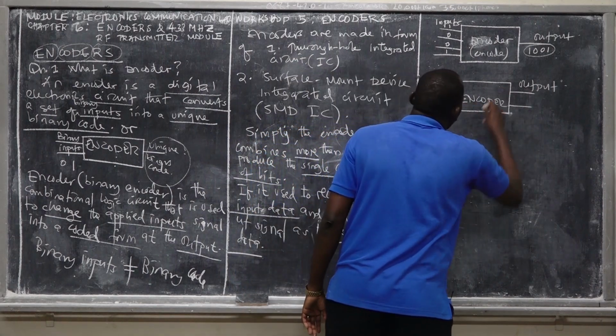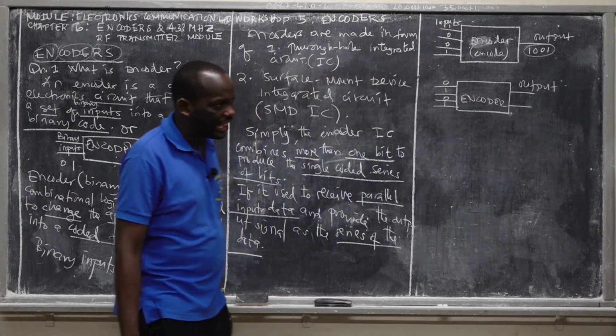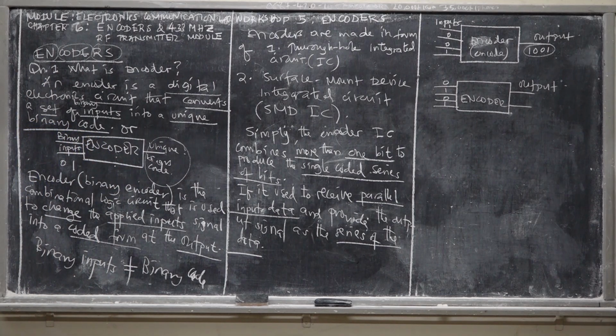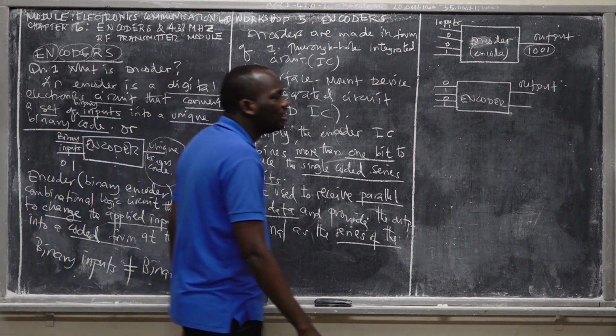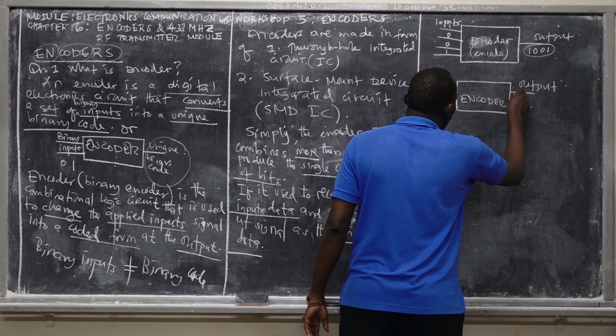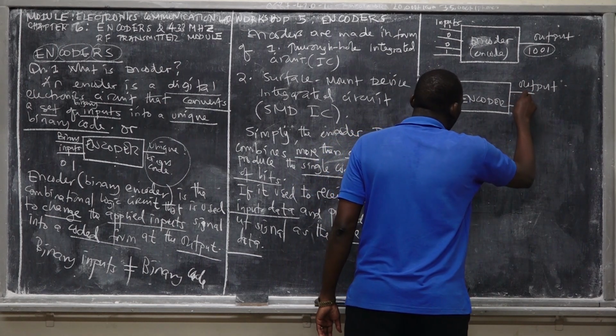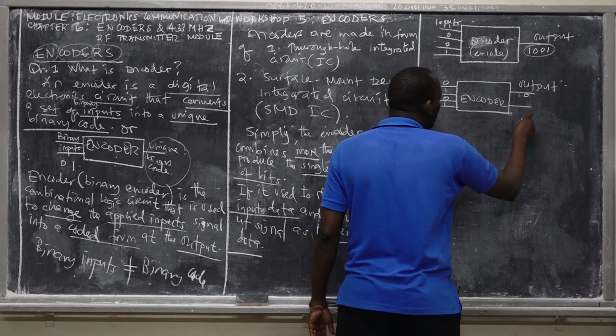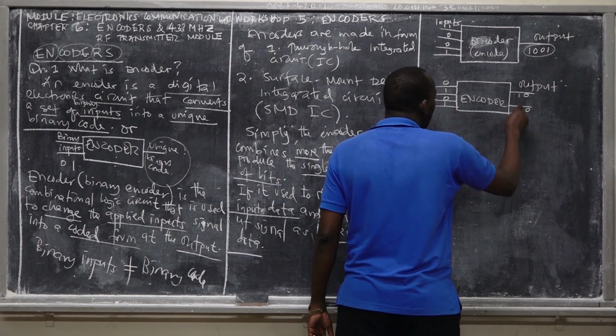Once these bits have been supplied, the encoder will receive those bits in parallel and then encode the information, providing the unique code. Then at the output, we expect that the 2 bits will be given out in this stream, which is 0, 1. And also the 2 bits, the first one will be 0 and 1.